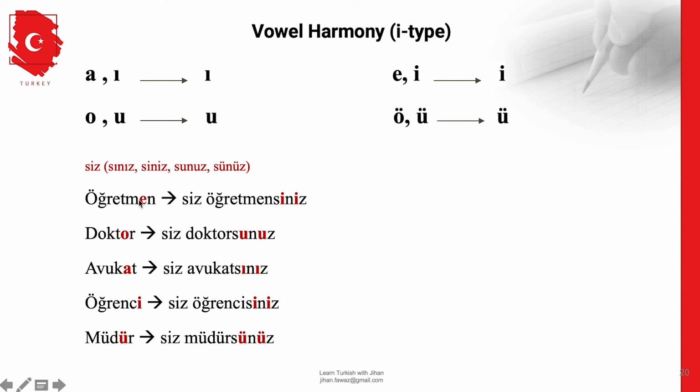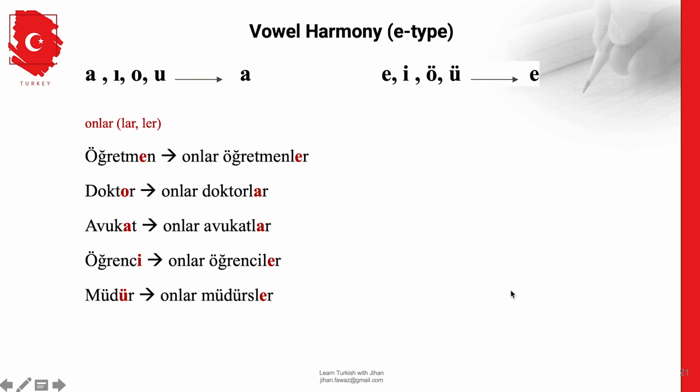It's e. So if I go back to the rule, it says you have to use the e. I come over here, where's the e? This one. So we say öğretmensiniz. Same idea with all the rest. Doktor, siz doktorsunuz. Avukat, siz avukatsınız. Öğrenci, siz öğrencisiniz. Müdür, siz müdürsünüz.